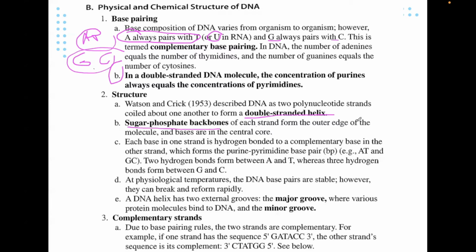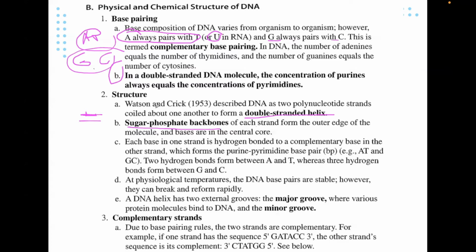Kaya sila naging backbone kasi yung sugar plus phosphate, kung mapapansin nyo, nandun sila sa labas, outer part siya. Parang backbone ng pagka-double-stranded helix ng anti-parallel na inyong DNA or RNA. Of the molecule, and bases are in the internal central core.